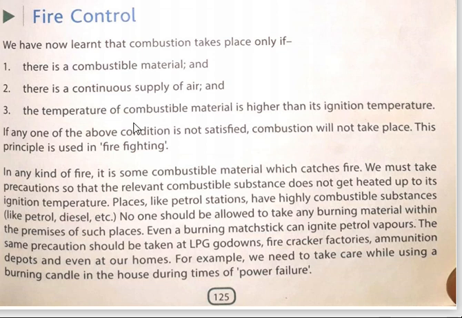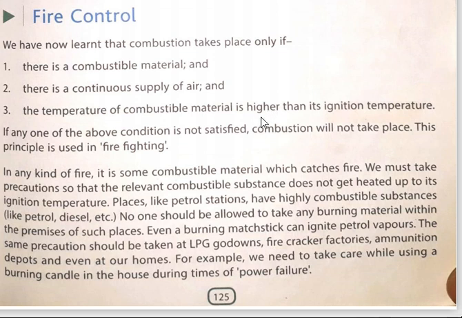If there is fire, we cannot remove the combustible material because the fire is already in that material. But the continuous supply of air or oxygen may be stopped, and the temperature of the substance can be reduced below its ignition temperature.